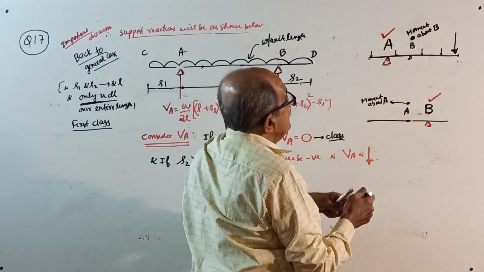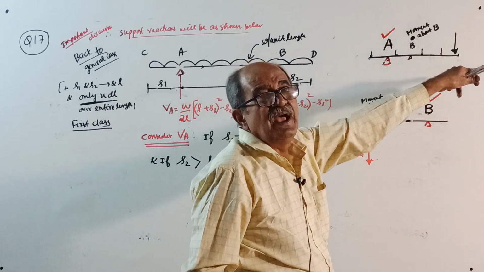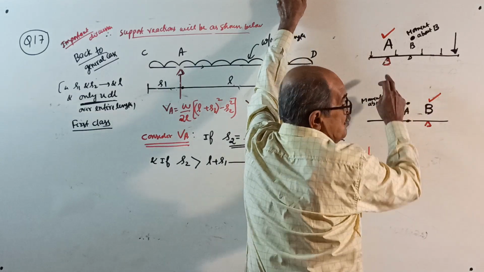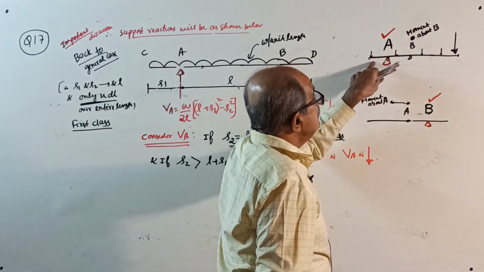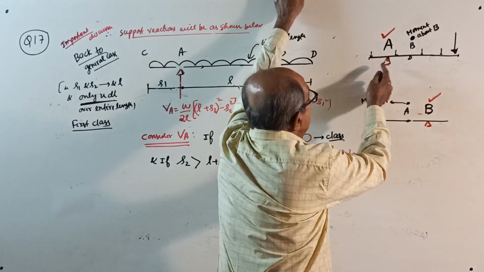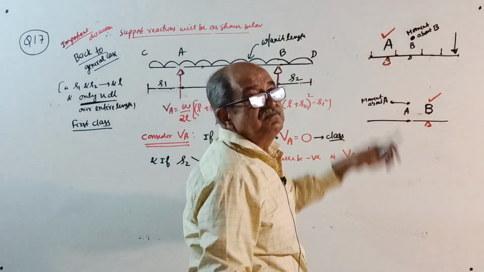See now, if the right side overhang is very heavy, and if you apply some loads, for example, imagine a bench, two simple supports here, a small overhang here, and a huge length projecting outside.